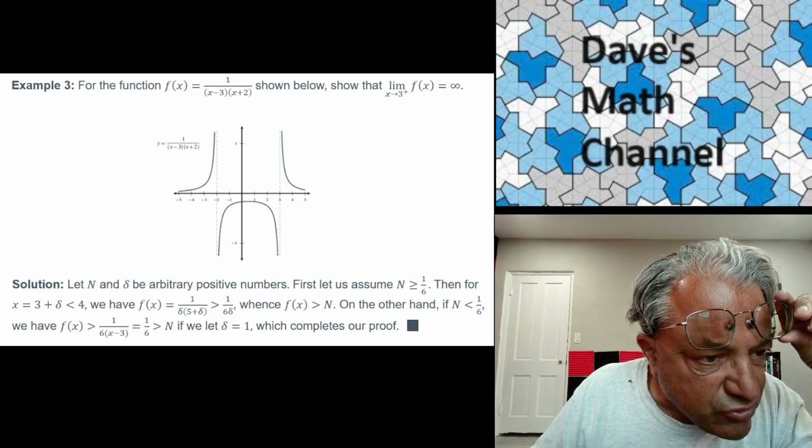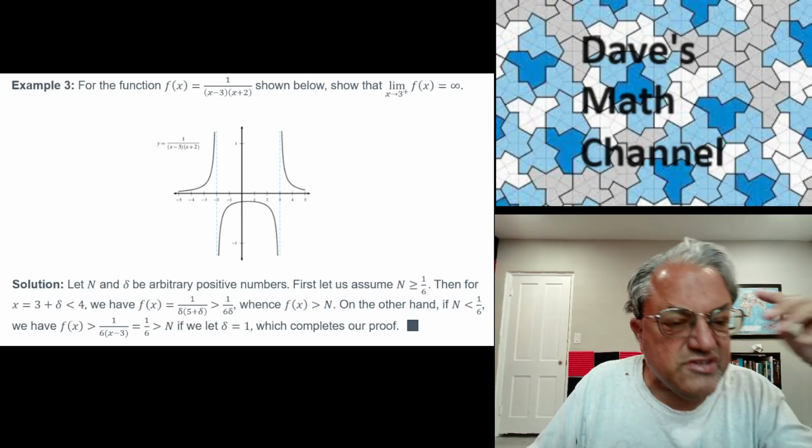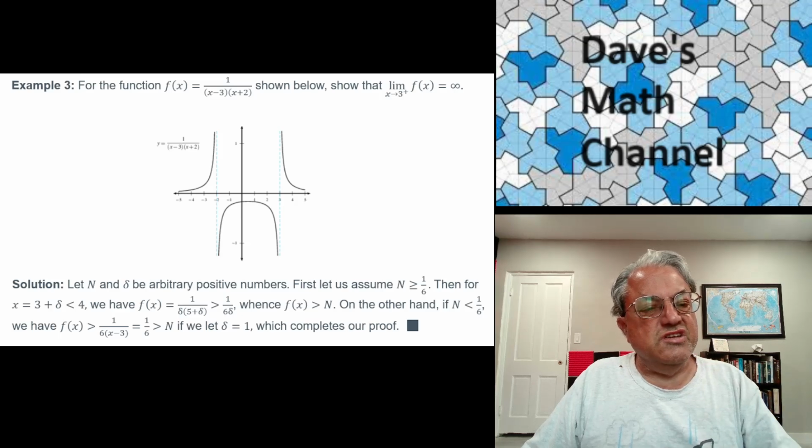Remember, x is now greater than 4, so f of x is going to be 1 over 6 times x minus 3, which is, well, actually, we're letting delta equal 1, so this is going to be 1 over 1/6, which is greater than n as long as n is less than 1/6. So that takes care of the second case, and that completes the proof that the limit as x approaches 3 from above of f of x is plus infinity.